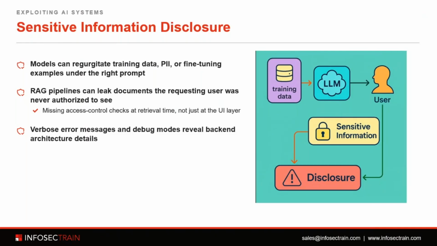So sensitive information disclosure is one of the most pressing risks in AI security. It happens when an AI system unintentionally reveals private, confidential, or restricted data during its responses. Unlike traditional vulnerabilities that exploit the code or infrastructure, this threat exploits the language interface and the model's training or connected data sources.